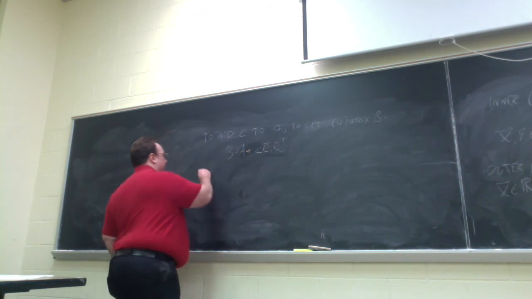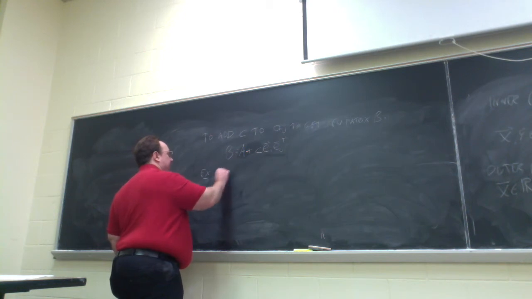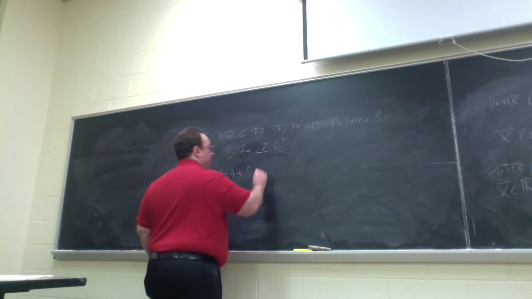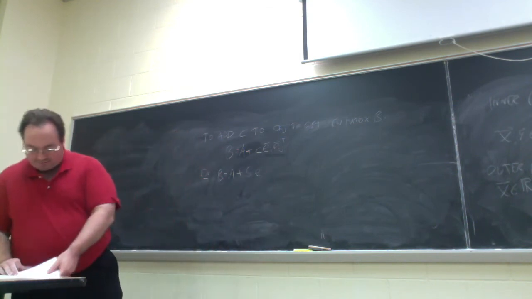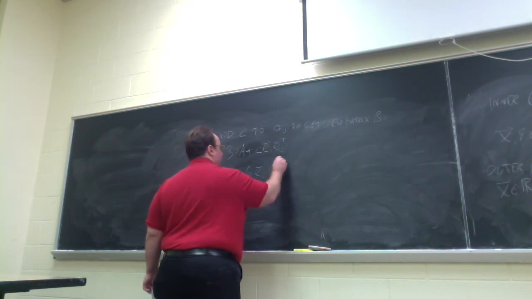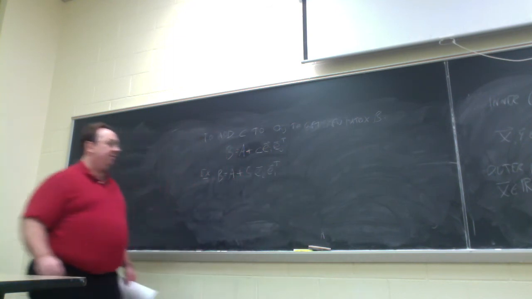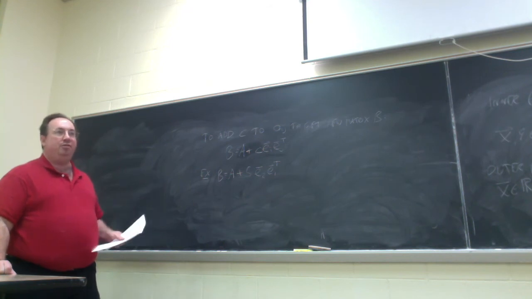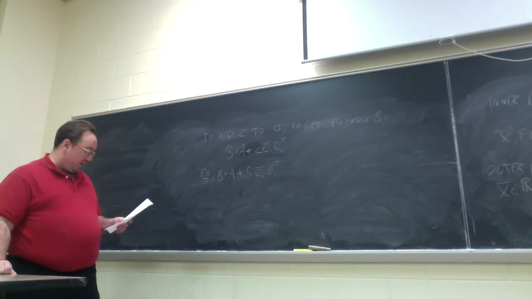As an example, I have A plus 5 E2, E1 transpose. Where E notation, as I described last time: EI is a vector where all components are 0, but the ith component is equal to 1.